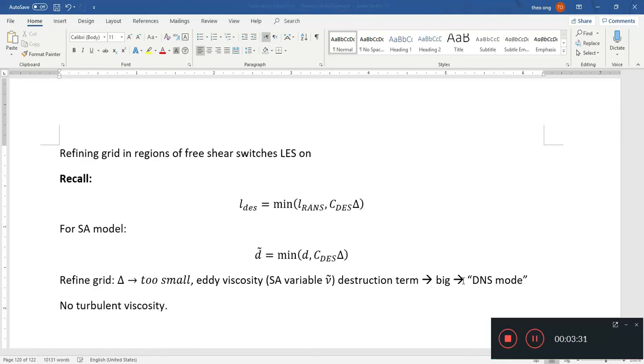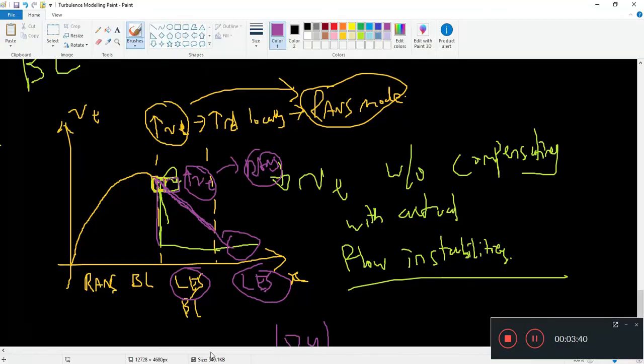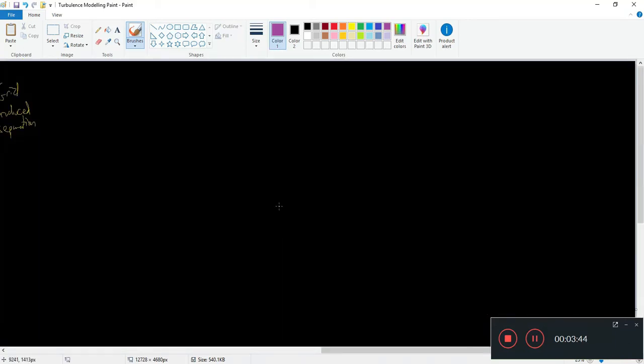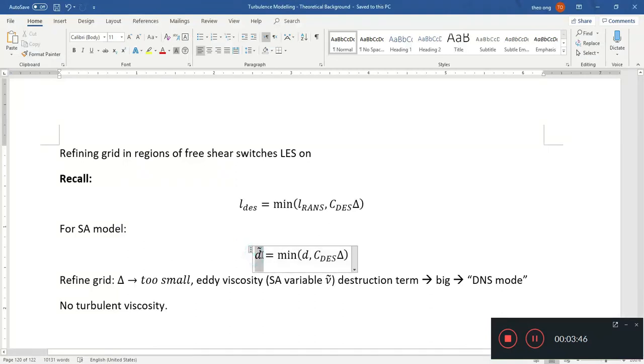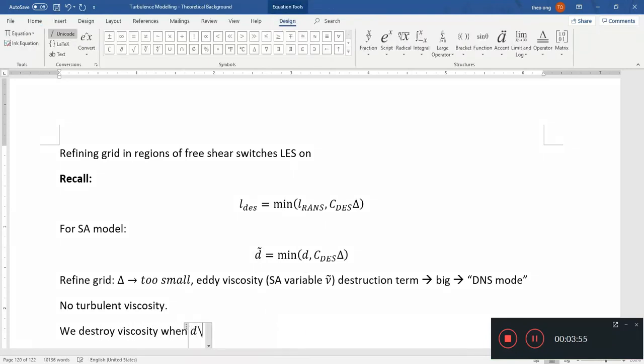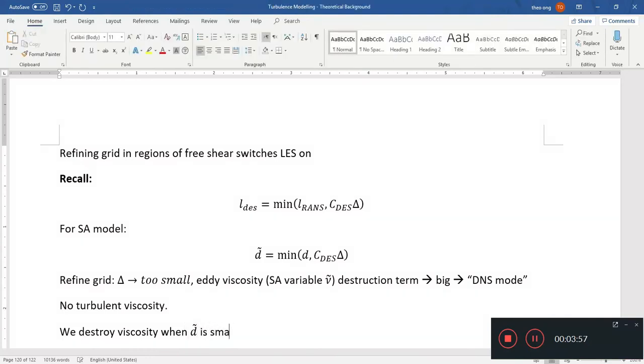The other place that we rightly should destroy viscosity is when D tilde is small. We destroy eddy viscosity when D tilde is small.